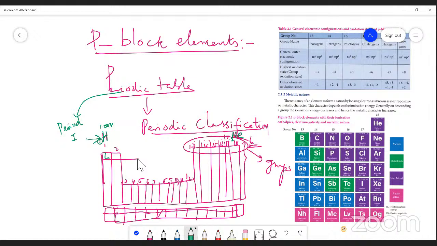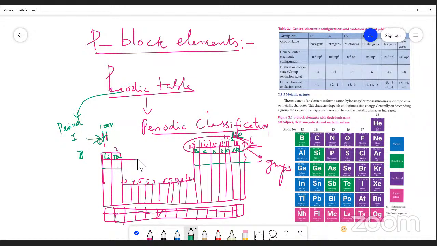Here lithium, beryllium, then boron, carbon, nitrogen, oxygen, fluorine, then neon. This is the second period. Then we have the third period.